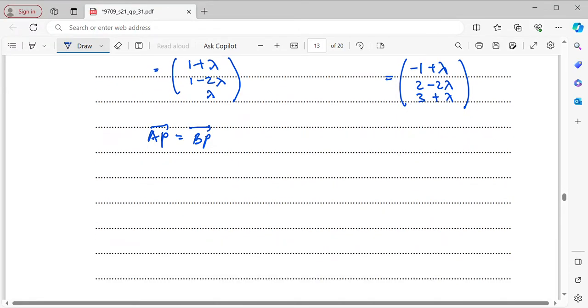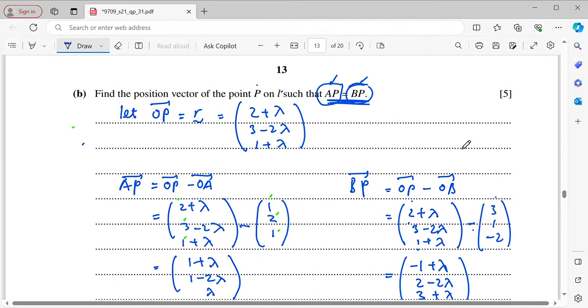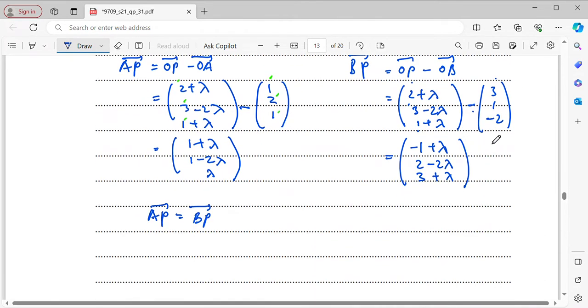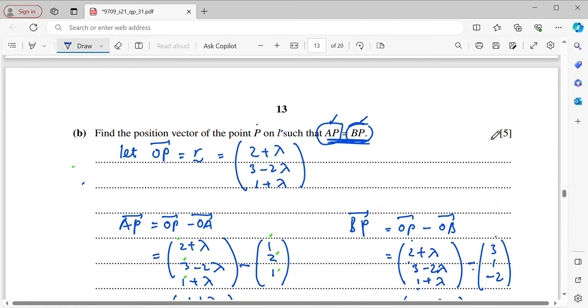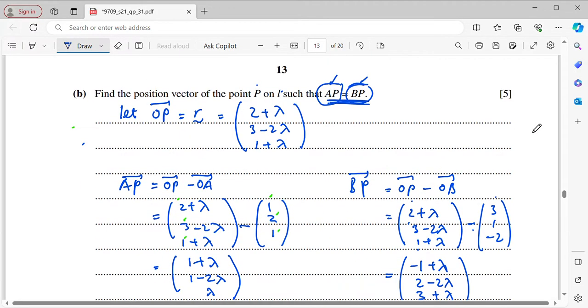Then from here, if I have found the vector, just for information, you may refer to the question here, such that AP is BP. So after I found the vector, only then will I consider the length of these two vectors.